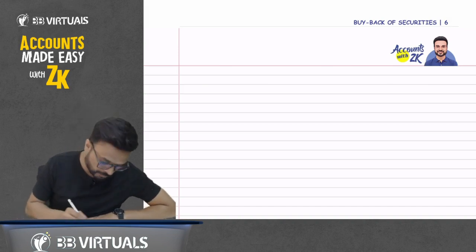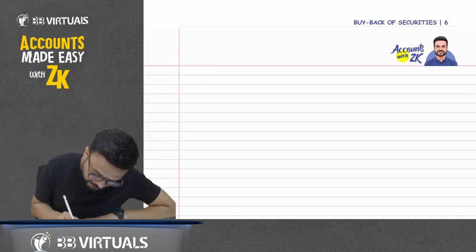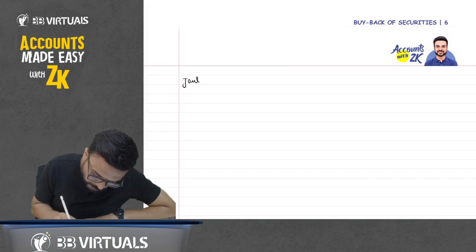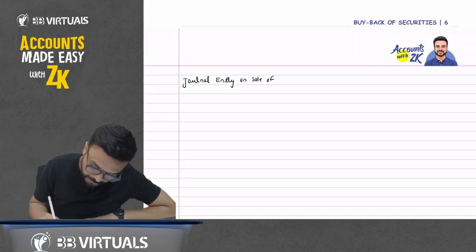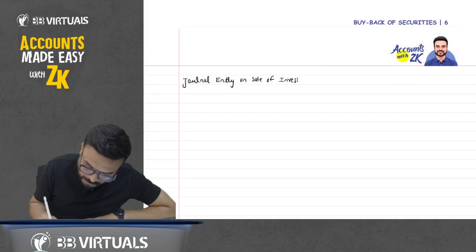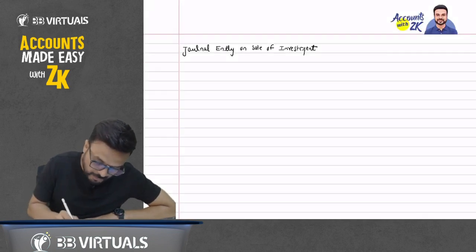Write down here: journal entry on sale of investment.